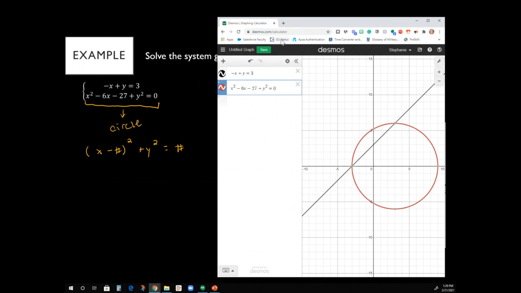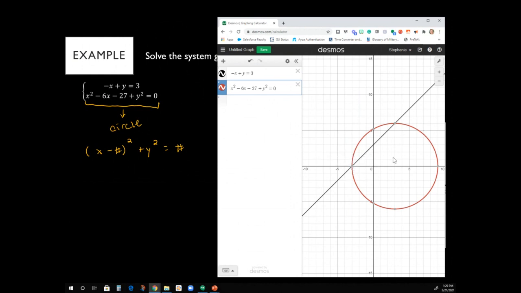And there's our circle. So we have two solutions here because we've got 2 points where they intersect. So we've got 3, 6. And then we've got negative 3, 0. So we have 2 solutions, and that's easy to see with the graph.